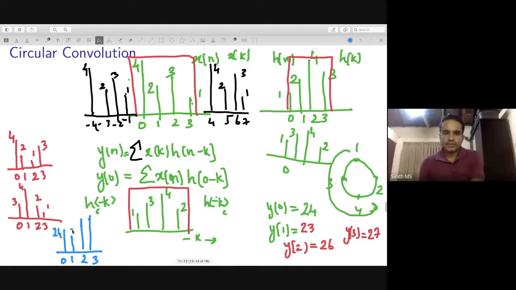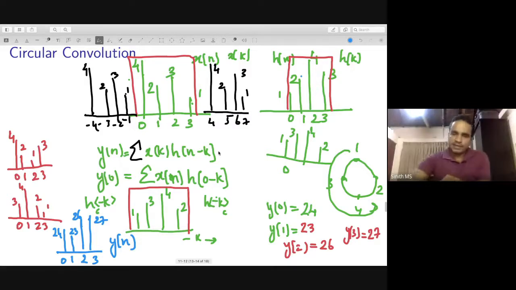So this is the signal y of n that you get by convolving x of n, 4, 2, 3, 1, and h of n, 1, 2, 4, 3.